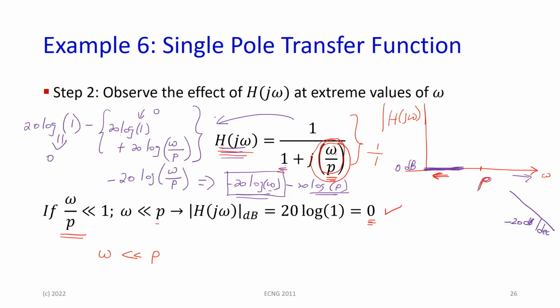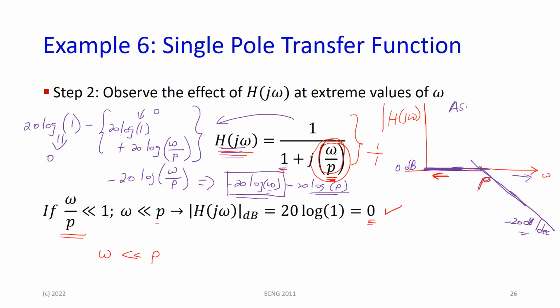So for omega low, it's a straight line at 0 dB. That's what we had here. For omega much bigger than P, we have a straight line that is sloping at minus 20 dB per decade. So what is the overall frequency response? We join the two lines. This is what we call the asymptotic plot, the straight line approximation.